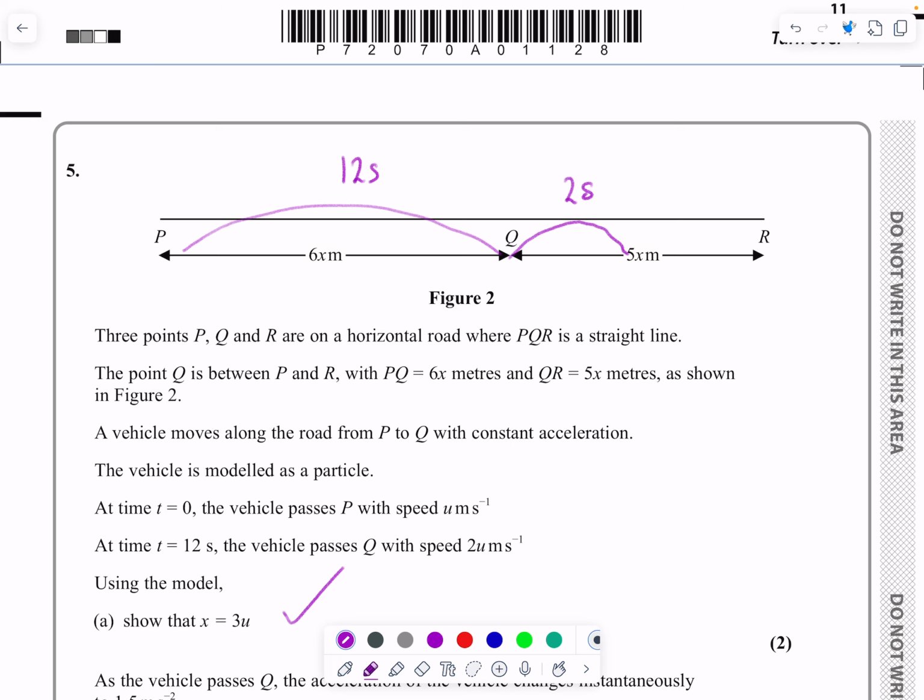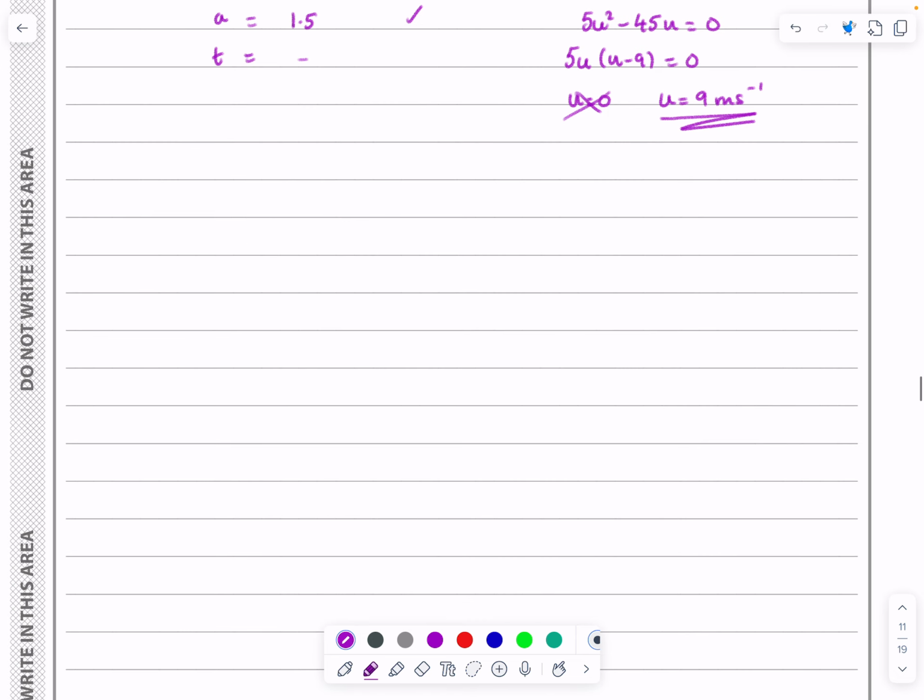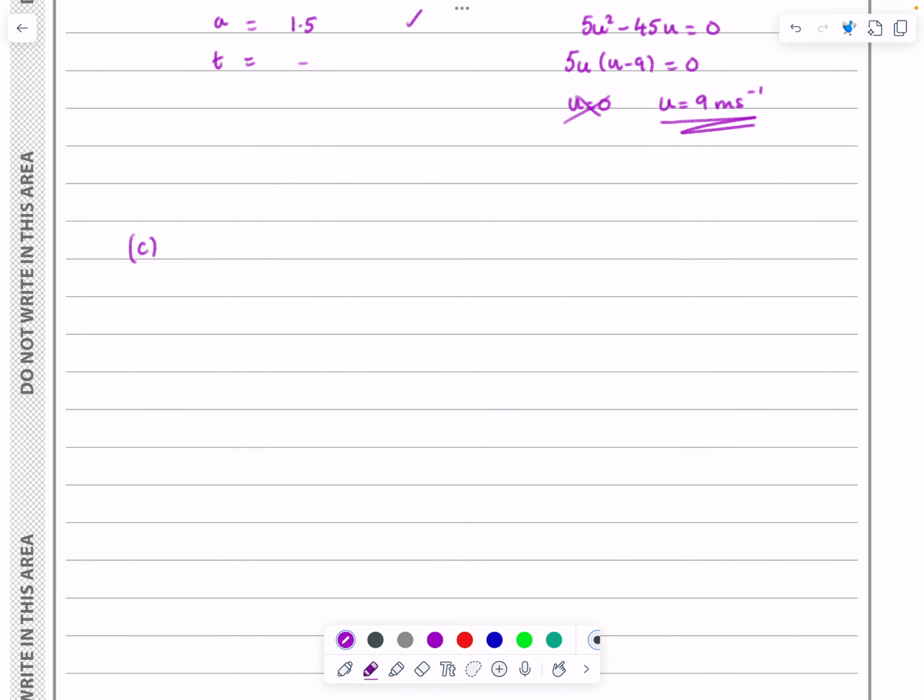So let's do part C, from P to Q first of all. From P to Q, it's just 6x. s is equal to 6x, which was 18u, which is now 18 lots of 9. So that's whatever that works out to be, 162 meters.